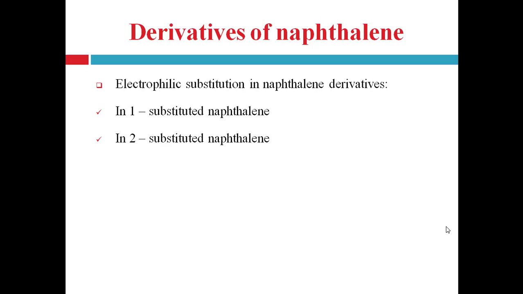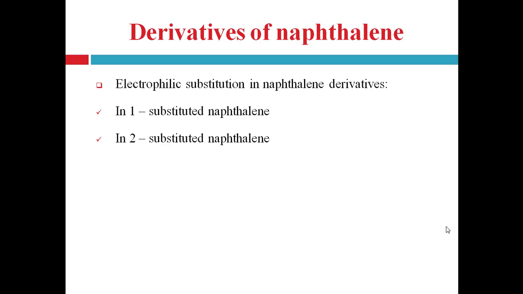If substituent is electron withdrawing group, then substitution is heteronuclear and occurs at carbon number 5th or 8th position, right? And when electron releasing group, then occurring within same ring at position 1st or 4th, right?